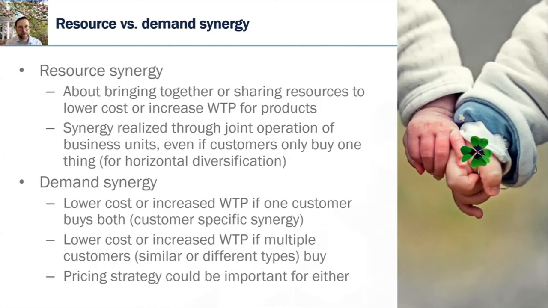You can also have lower costs or increased willingness to pay based on multiple customers and the behavior between them, especially if you're talking about a two-sided network where one side is necessary for attracting the other, and perhaps vice versa as well. With something like Uber, it's a two-sided network where drivers need riders and riders need drivers. Pricing strategy can be important for either the customer-specific synergy or those simultaneous utility synergies.